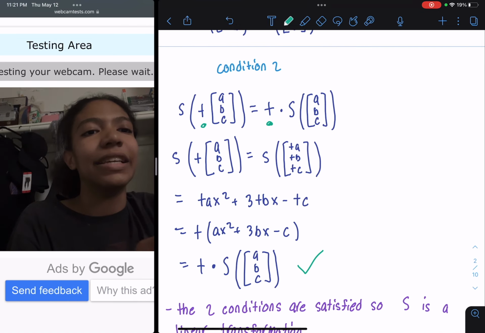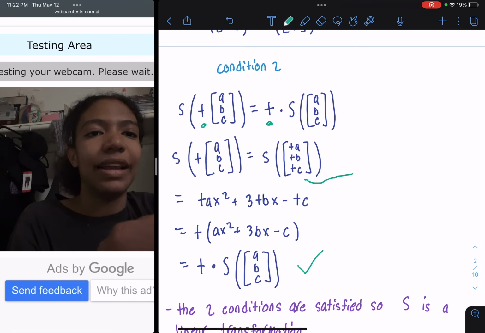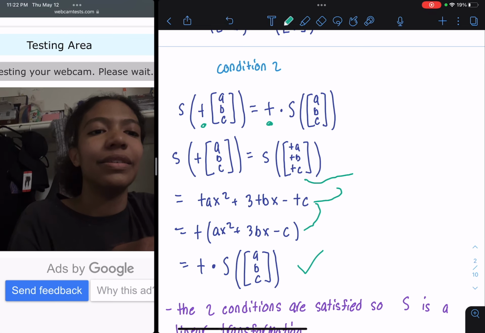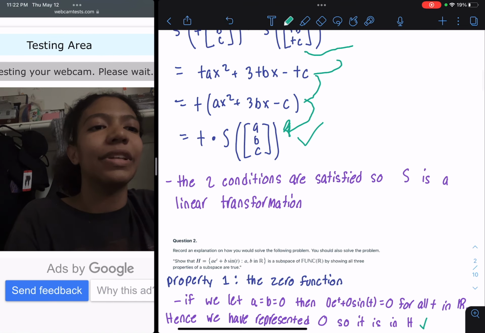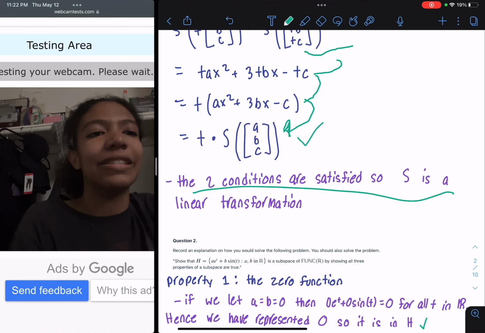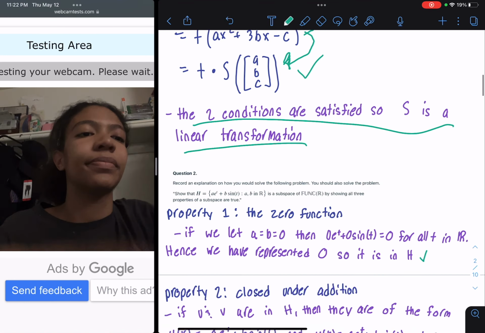So I plugged in T times A and then T times B and TC, and then I got this. I was able to pull out the T, and then I was able to write it like this, so condition 2 is proven. Both conditions were satisfied, so S is a linear transformation.